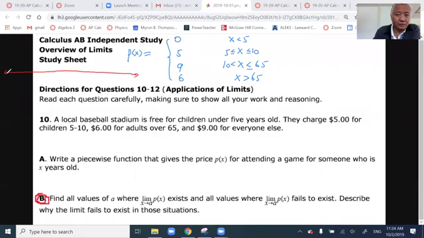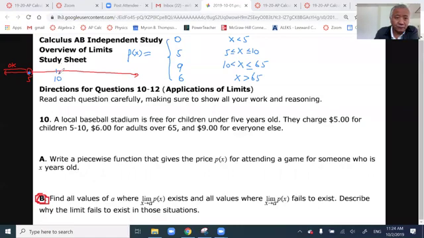We know this is 5. So less than 5 on this side, the limit exists. This is okay, because that's a constant number, 0. And then from 5 to 10, suppose this is 10.